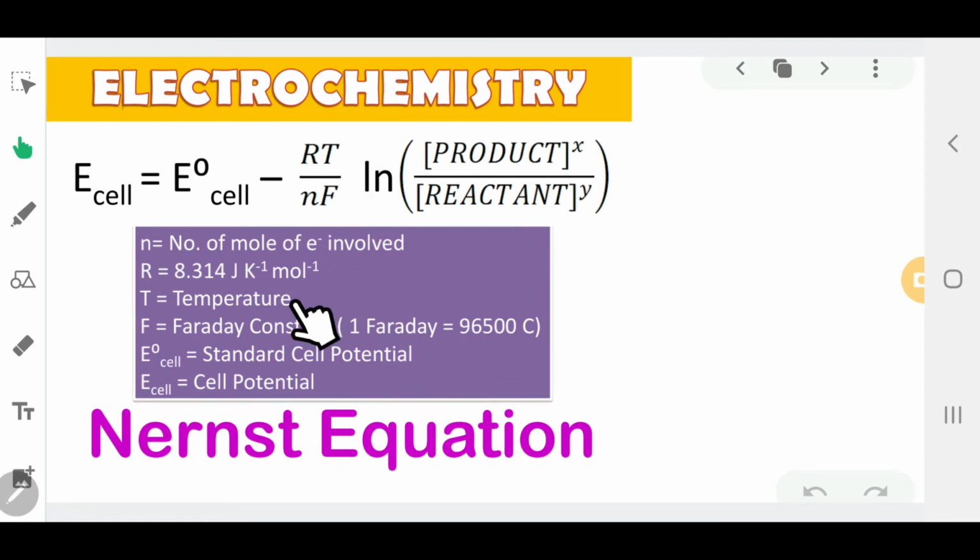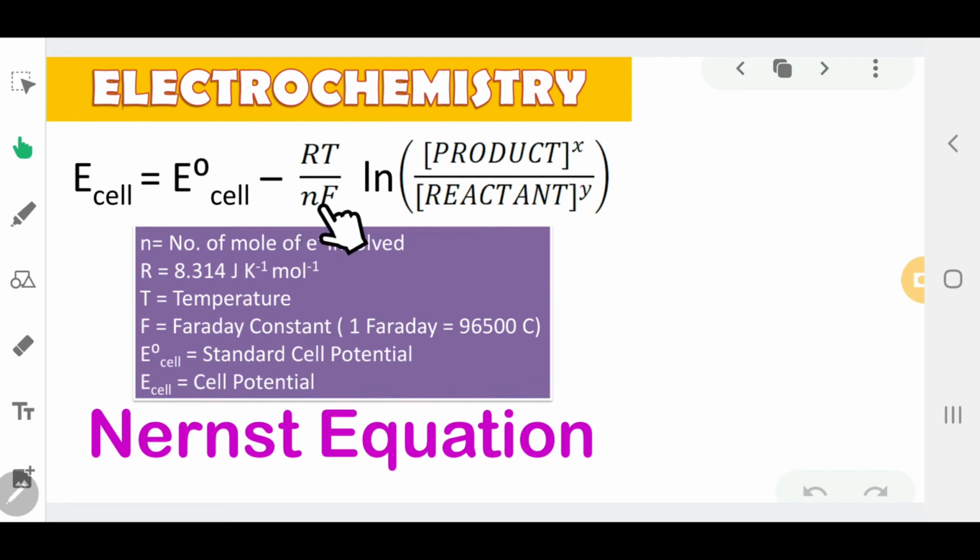You have to take into account the temperature, and you need to change that temperature into Kelvin, divided by n, the number of moles of electrons involved in the galvanic cell, or the number of electrons passing through in the galvanic cell.